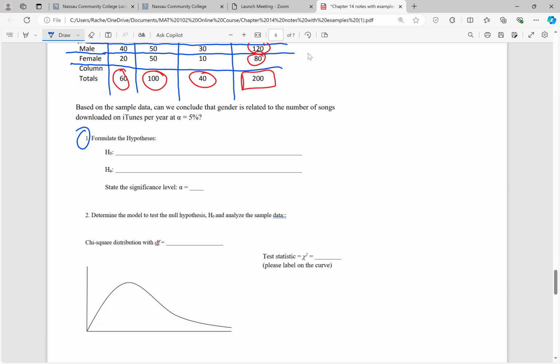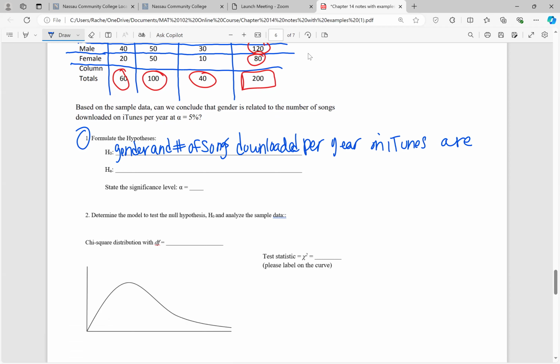We said that the null is that the two variables are independent. So gender and number of songs downloaded per year on iTunes are independent. So this is the assumption.